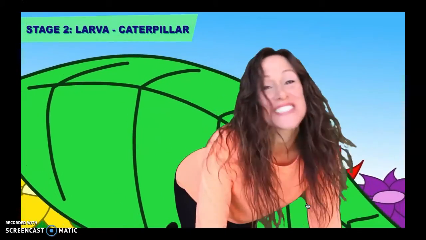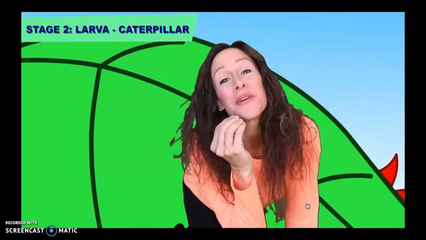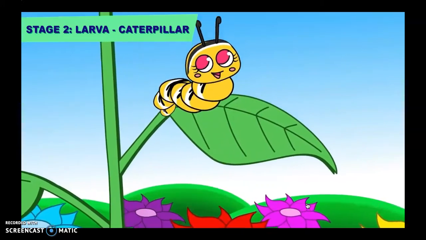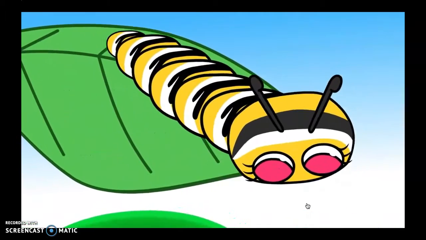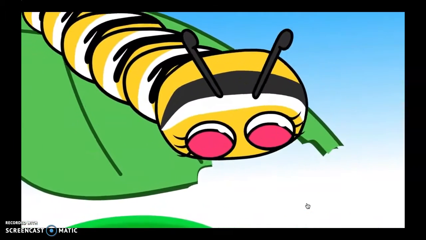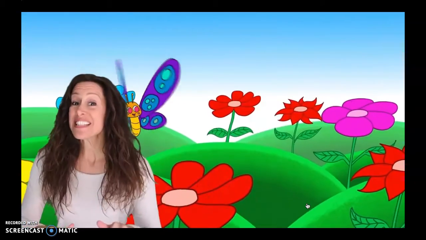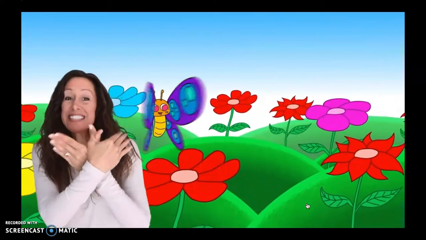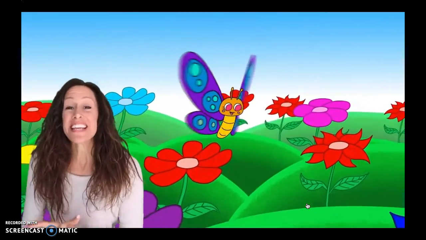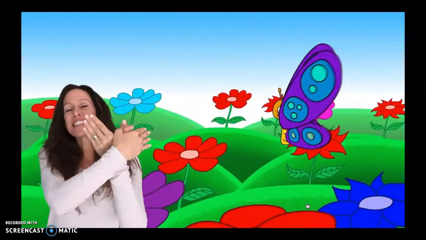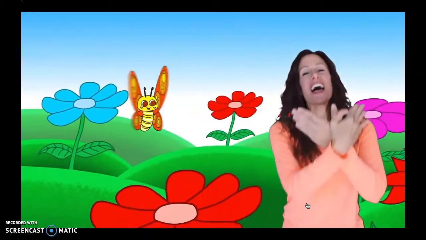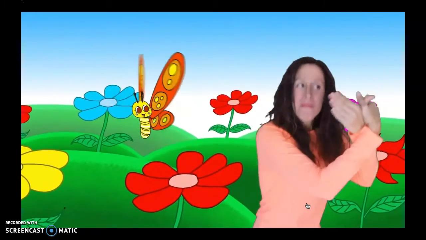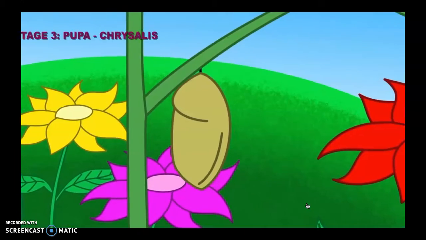Crawl, crawl like a caterpillar crawls. Now eat green leaves. This is the butterfly dance. There are 4 stages to the butterfly, and this is the butterfly dance.